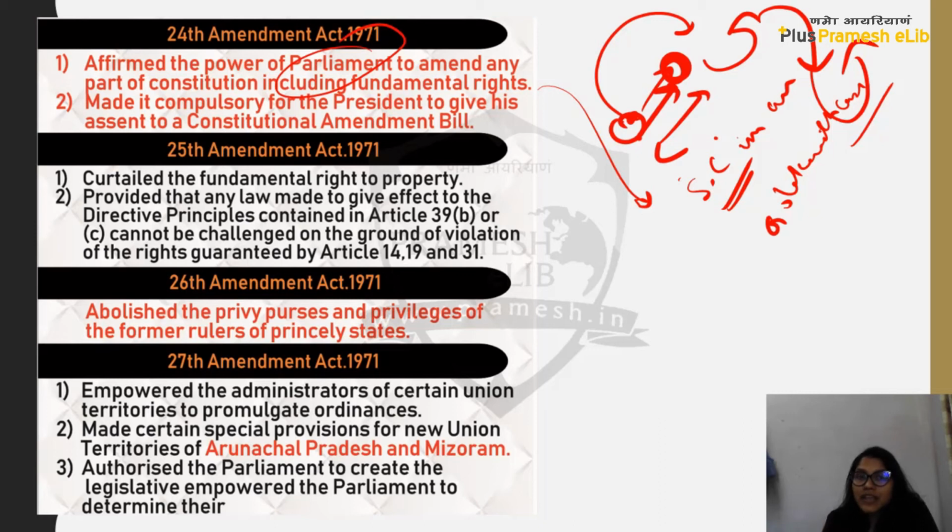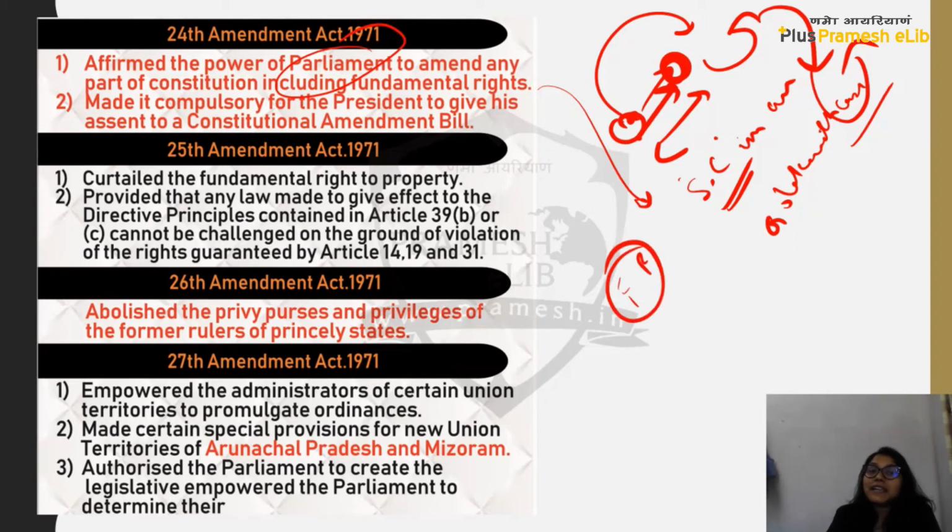They cannot be touched. To reverse this, parliament has amended the constitution itself to ensure that it can amend any part of the constitution, including fundamental rights, and they are not sacrosanct.